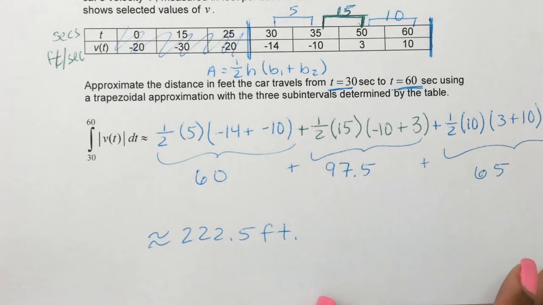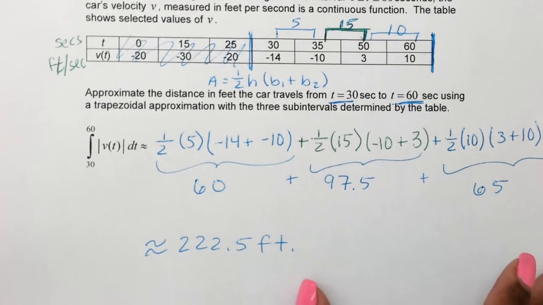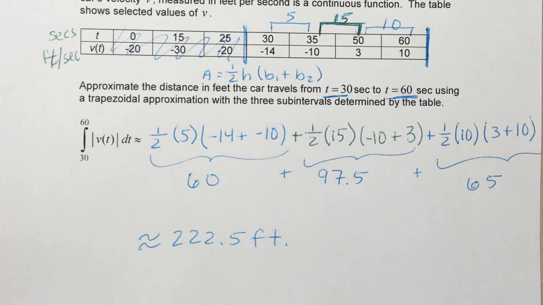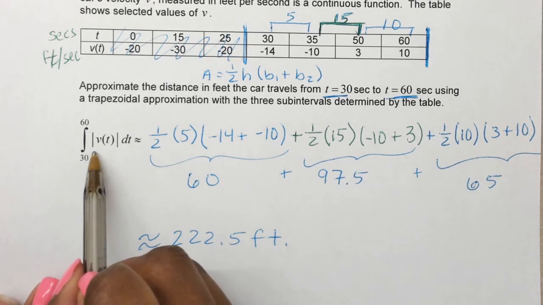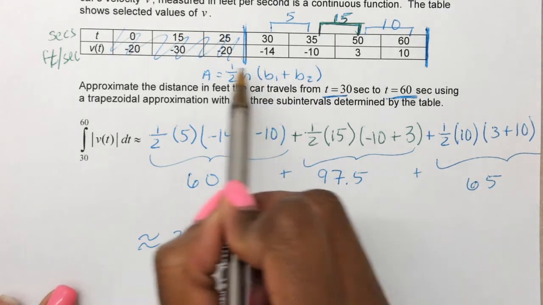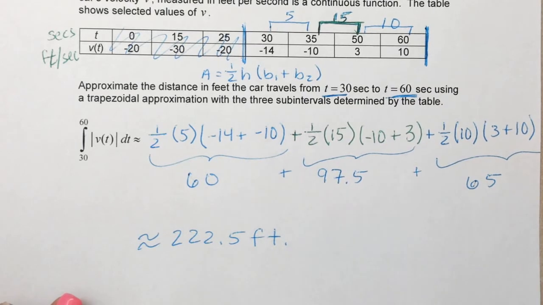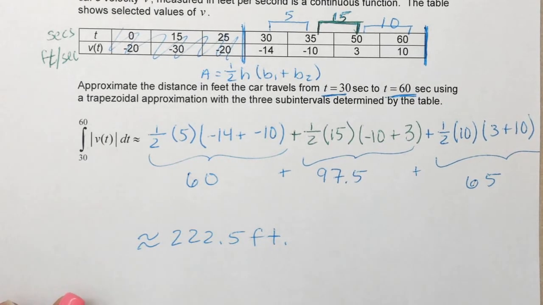One really important thing for this problem is remembering that when we use trapezoids to find the area under the curve, f of x has to be non-negative. That means that every value of v of t has to be non-negative. We're taking the absolute value of those.